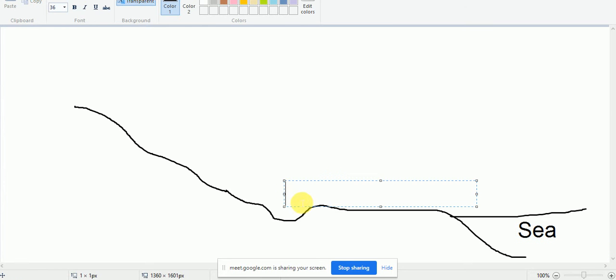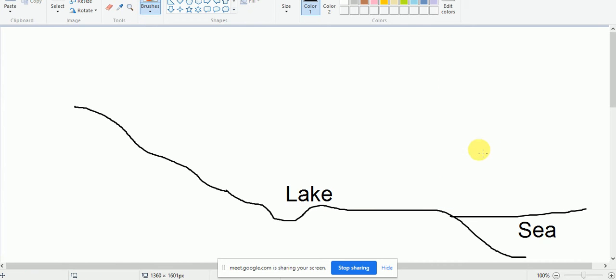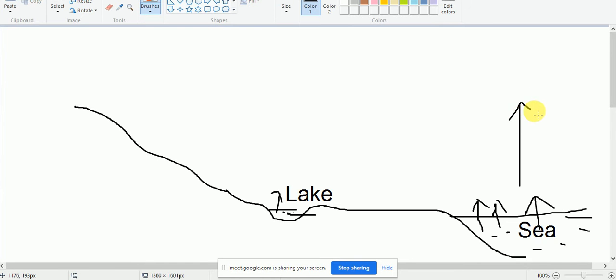Let us say here is a lake, and here this is also a lake, let us suppose, and this is a sea, a water body. As you know, from the water body, water is evaporated. Water is evaporated from the seas and lakes.